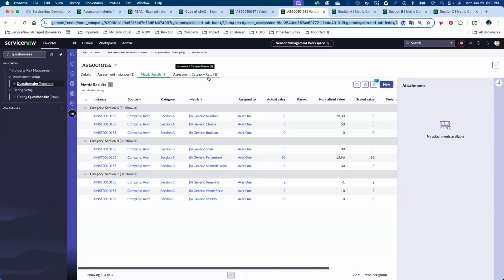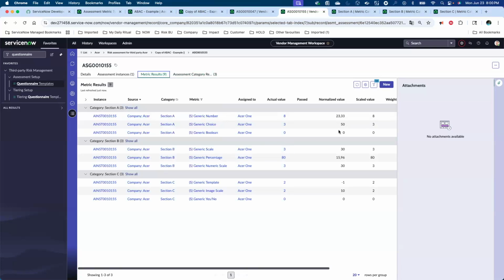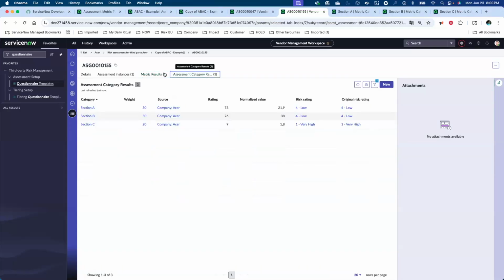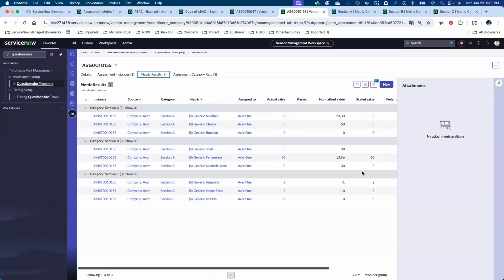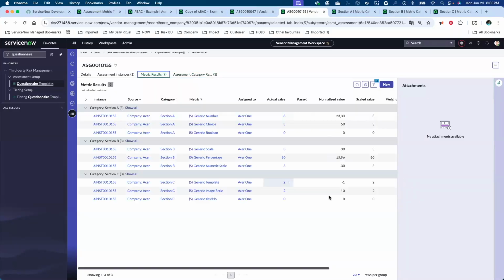So let's complete this. Navigating to the assessment category result, it's basically the sum of normalized values here. For section A, it should be around 73. Section B, adding 60, 76 approximately. And this is 9.